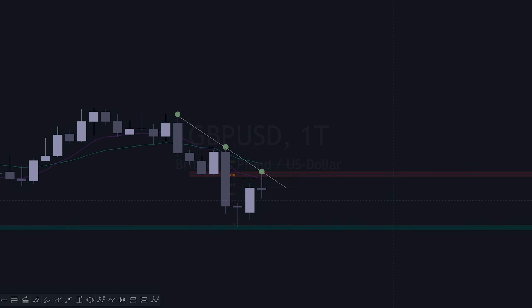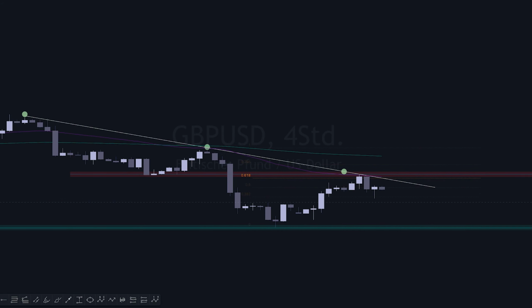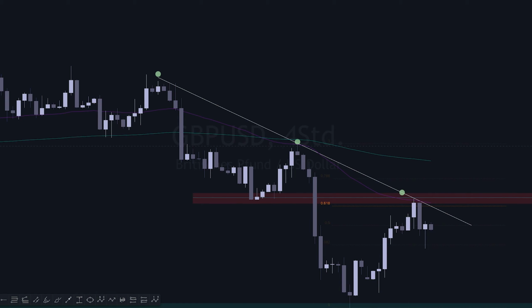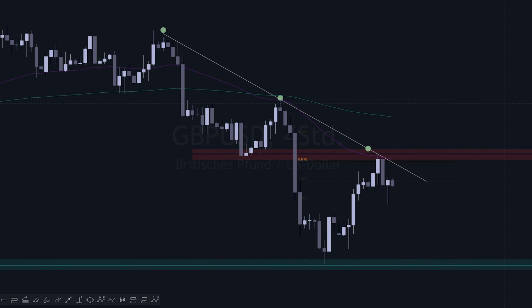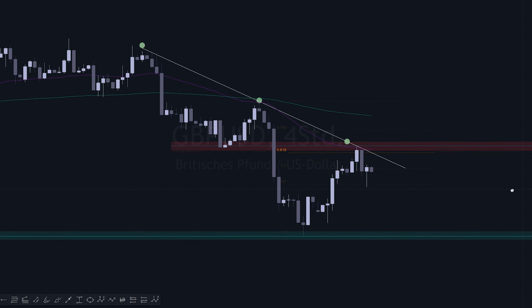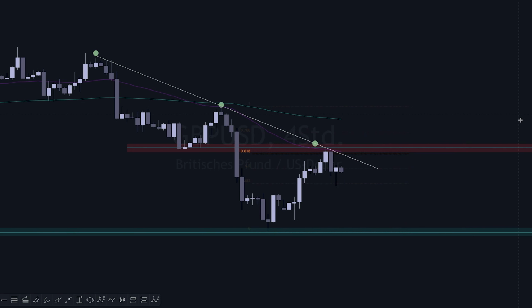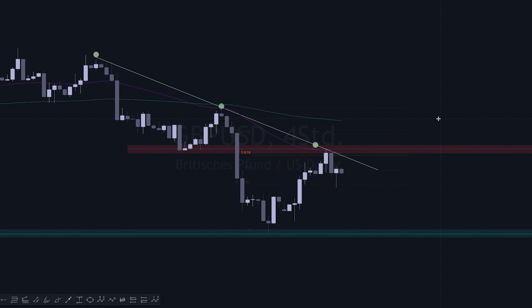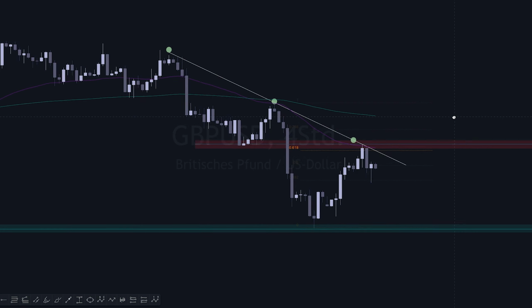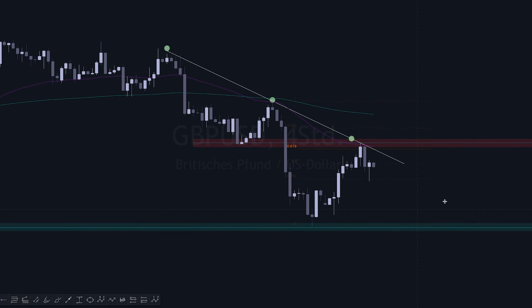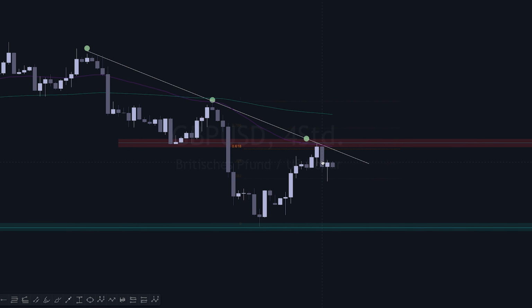Now let's jump into the 4-hour and discuss this in the 4-hour time frame, so that you can see it better. What we have, EMAs expanding to the downside as well here, and look at this clean engulfing candle, guys.